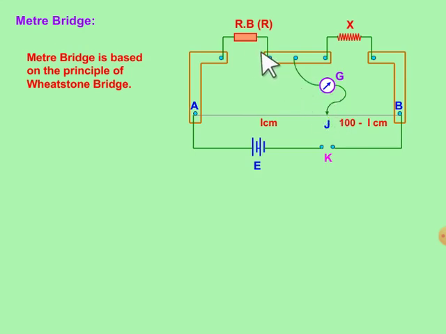Now this will act as one resistance, from here to here another resistance, this X will be the unknown resistance, and from J to B will act as a resistance.